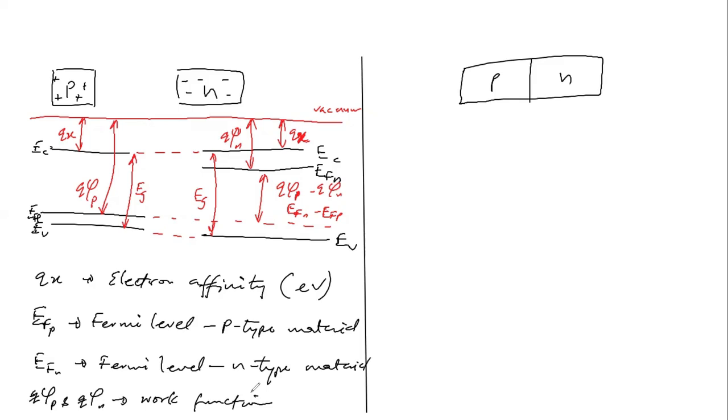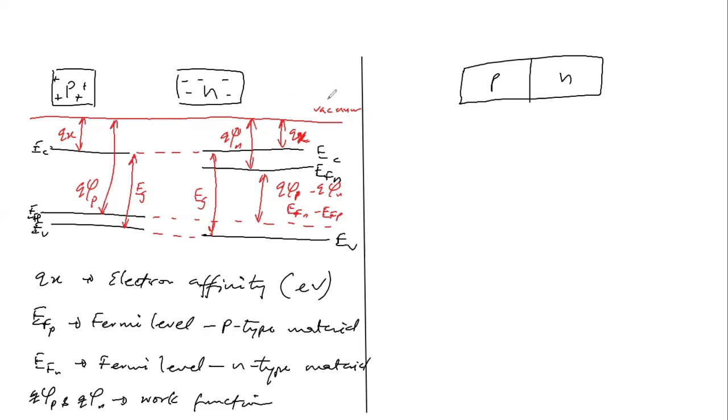Now, what happens when we bring these two materials together? Now, at equilibrium, okay? So if we now have to form this at equilibrium, it means that the Fermi levels for the p-type material and the n-type material will be equivalent. They will be equal at equilibrium, okay?